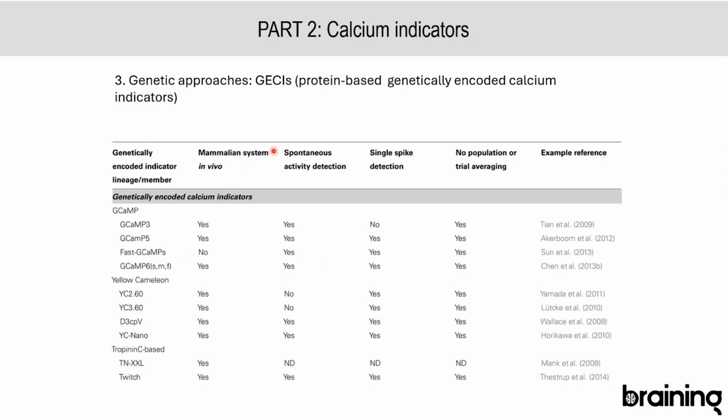Some of them do not detect spontaneous activity, and some of them do not allow single spike detection. So we need to take all these variables into account when we choose the calcium indicator for our experiments.